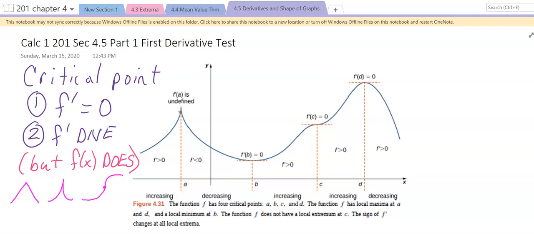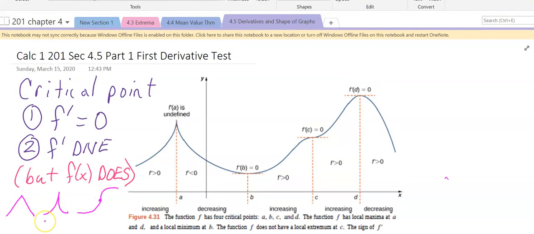Now let's take a look at the next point. When x equal b, we can see that the original function f has a low spot in the graph. This is a place where the tangent line becomes horizontal. This corresponds to a critical value where the first derivative is 0. In the graph of the first derivative, we would have an x-intercept at that point.